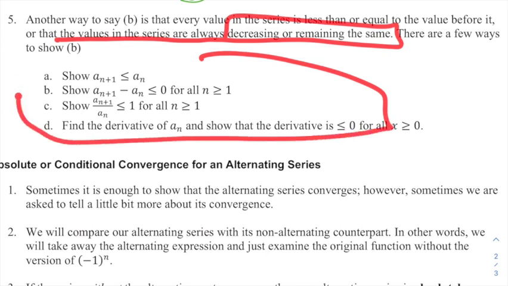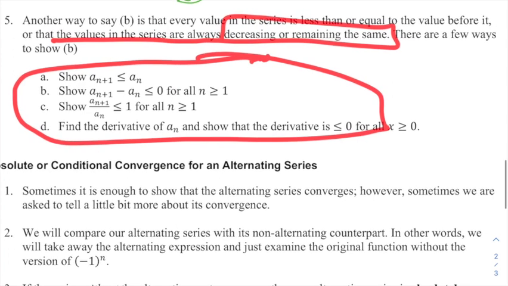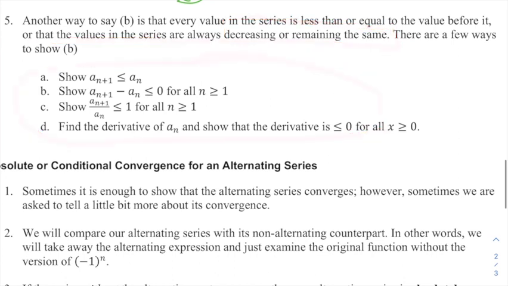And there are actually like 4 ways we can do this. And there's a chance on a free response question you might be asked to show that an alternating series is convergent. And so you would show the nth term test equals 0, then you'd have to use one of these methods. You might be able to flat out show that every next term is smaller than or equal to the previous term.